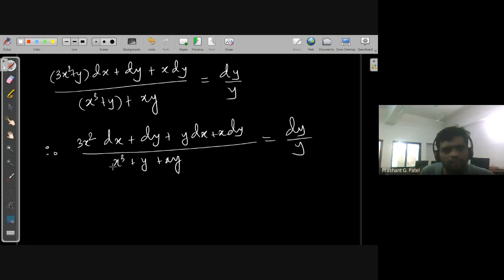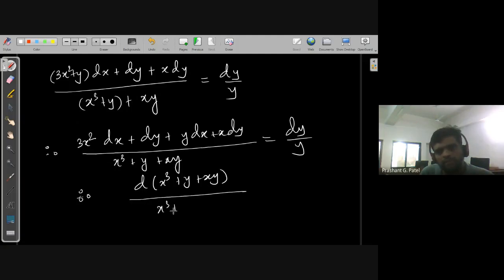Now the derivative of x cube is 3x square. So I can just write down the numerator as d of x cube plus y plus xy, upon x cube plus y plus xy, is equal to dy by y. You can just see that the derivative of x cube is 3x square, the derivative of y is dy, and the derivative of xy is y dx plus x dy.